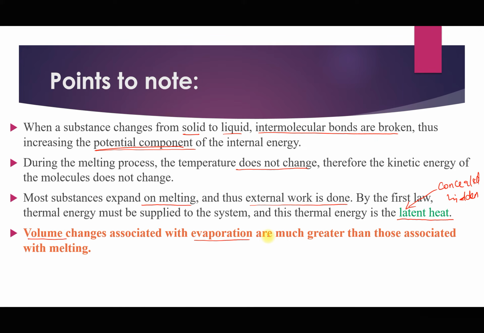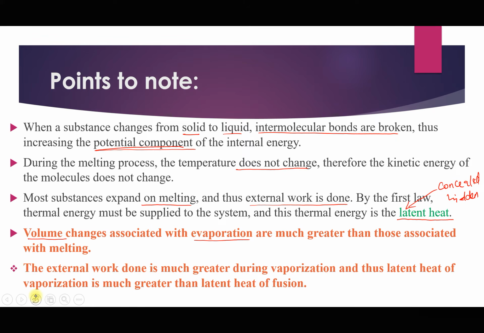That means the external work done is much greater during vaporization, and thus the latent heat of vaporization is going to be much greater than the latent heat of fusion.